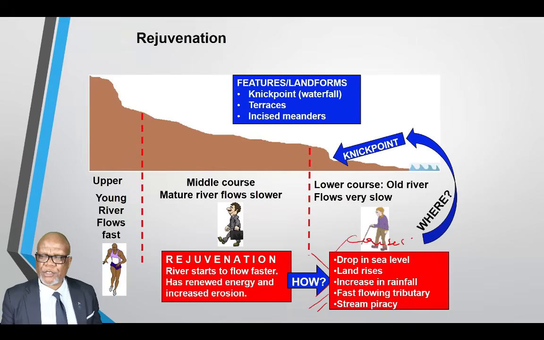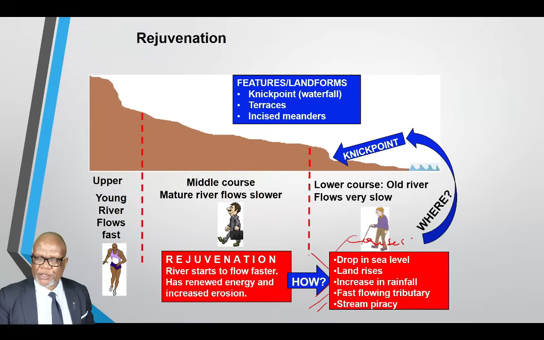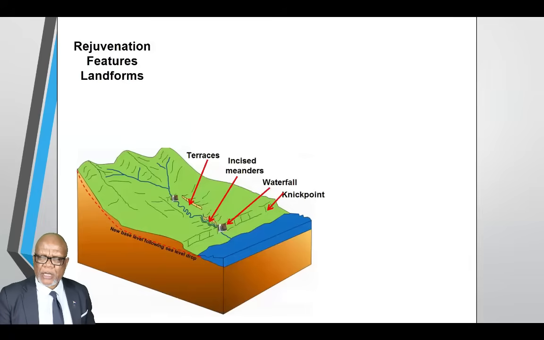In river rejuvenation, it is important for you to know the features. How do you tell that a river rejuvenation has taken place? Number one, river rejuvenation takes place at a neck point. You must be able to define a neck point: it is where there is a sudden change in the gradient of the river.